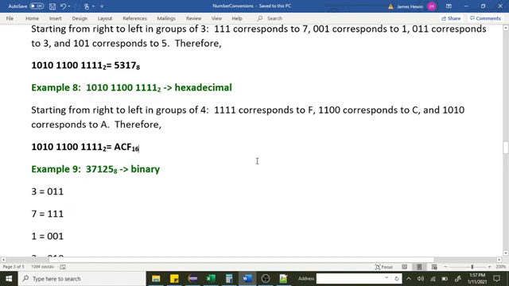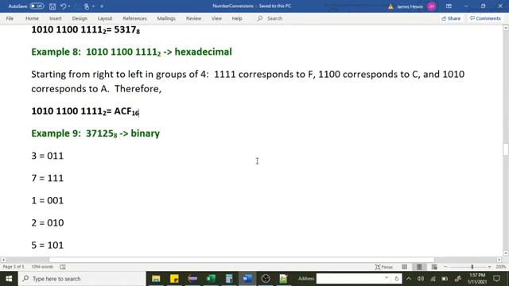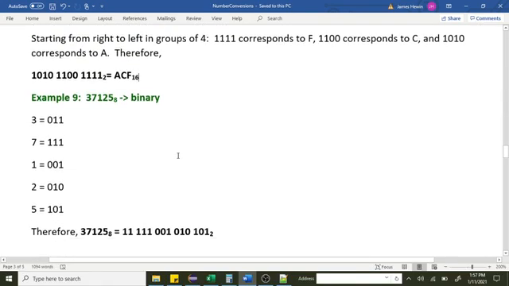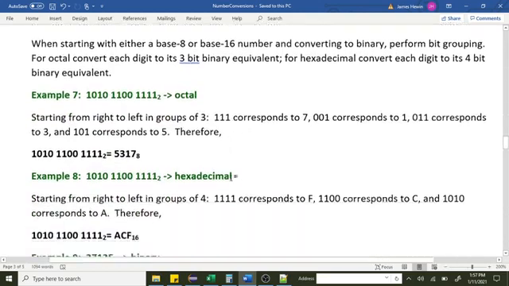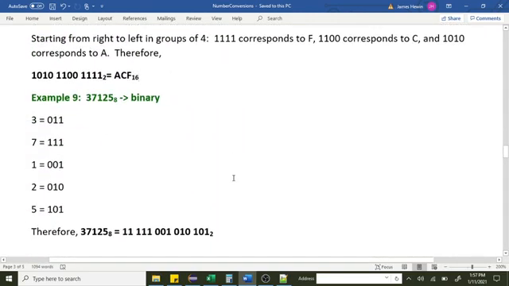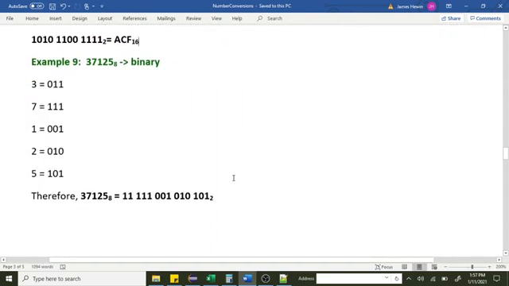Then, going from octal or hexadecimal to binary, we also do bit grouping. So let's look at example 9.